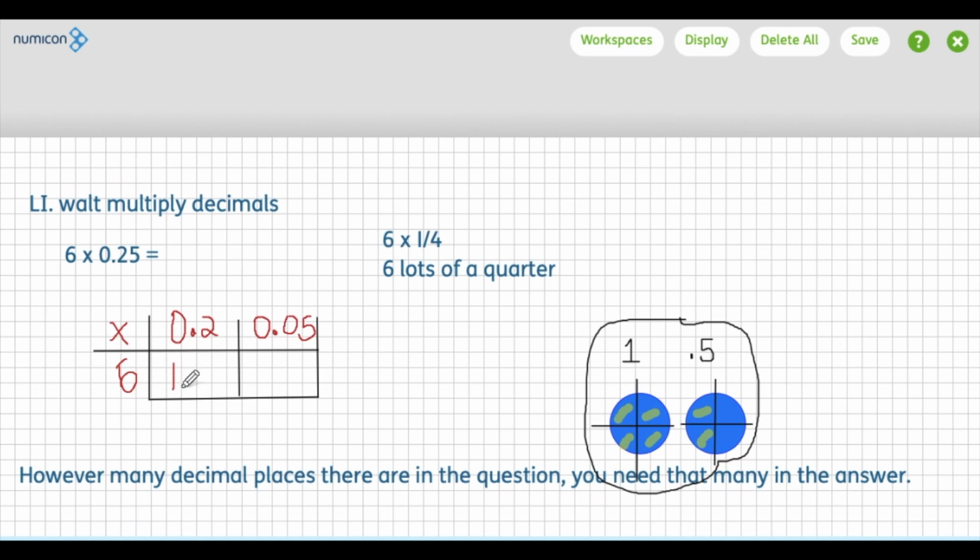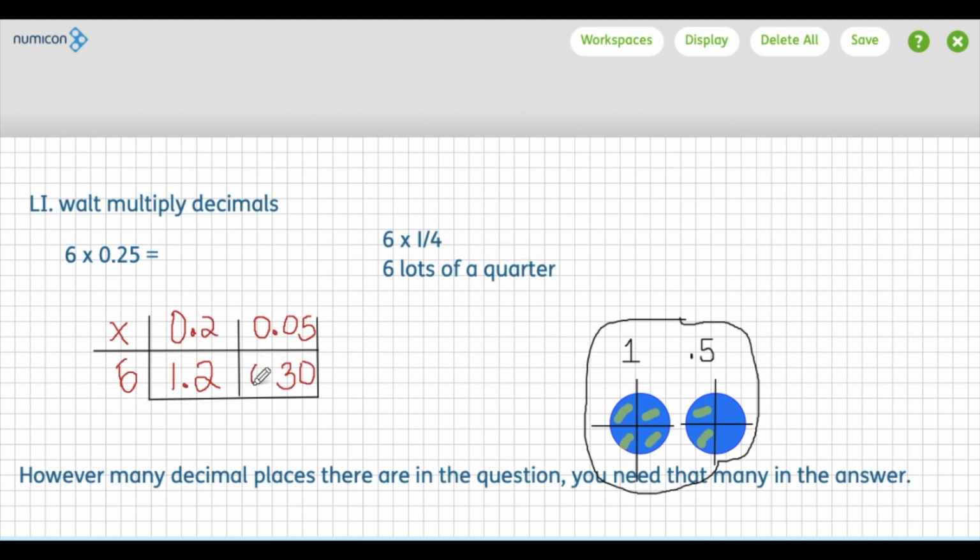And then here I should have 2 decimal places in my answer. So 6 times 5 hundredths, 6 times 5 is 30, so 6 times 5 hundredths is 30 hundredths, but 30 hundredths is the same thing as 3 tenths.